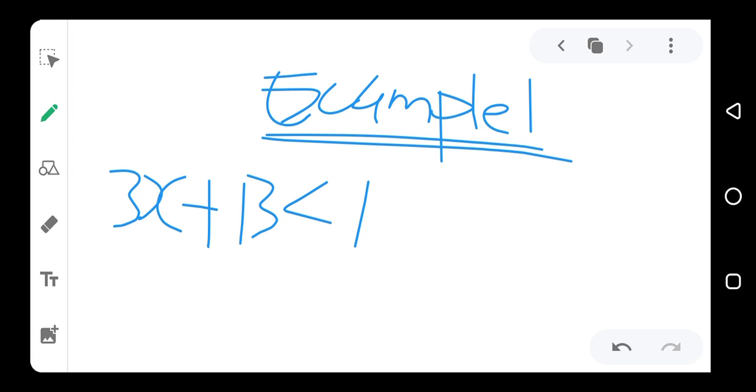So we go on to solve it. We collect like terms. 3x is less than 1 minus 13.